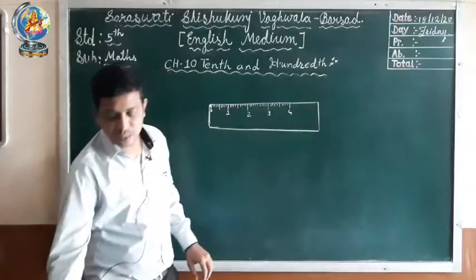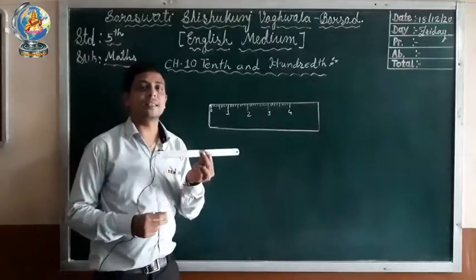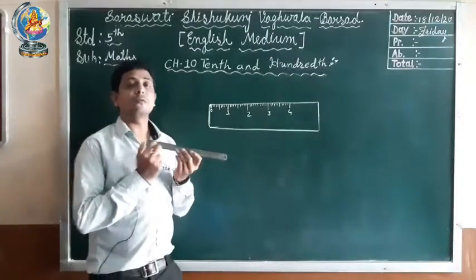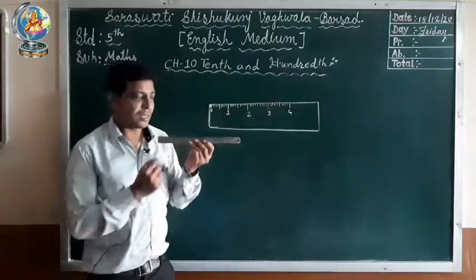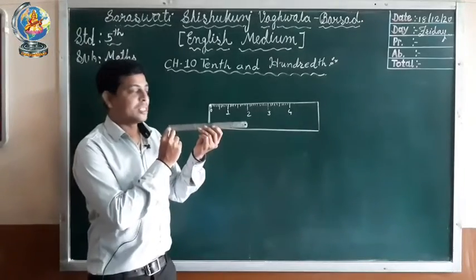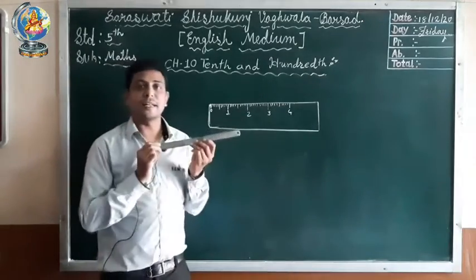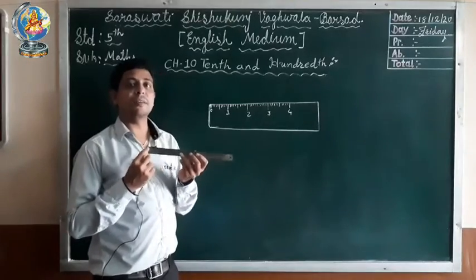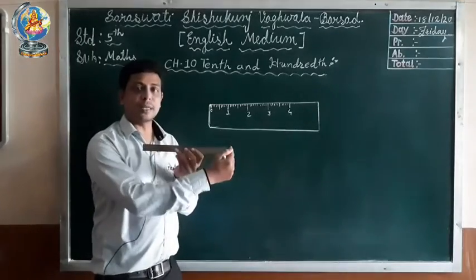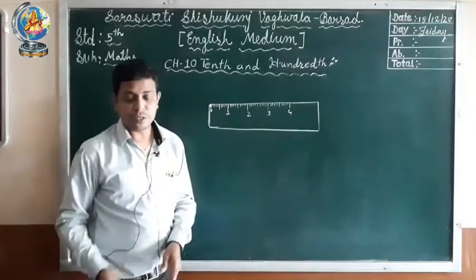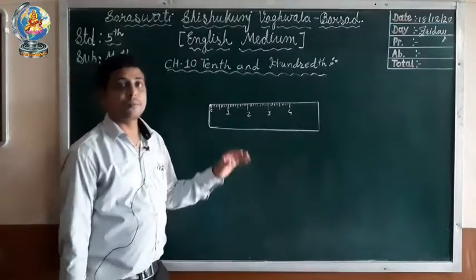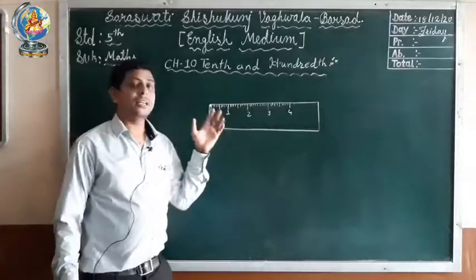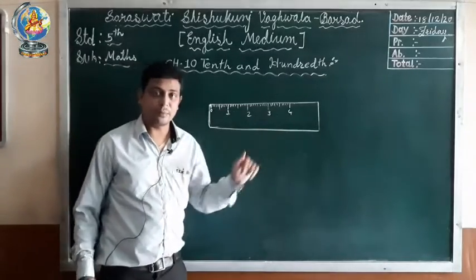And if you are using a big scale, then the measurement is 0 to 30 centimeter. So if you are using a big scale, then the measurement will be given from 0 to 30 centimeter. And if you are using a short scale or geometry box scale, then it will be 0 to 15 centimeter.